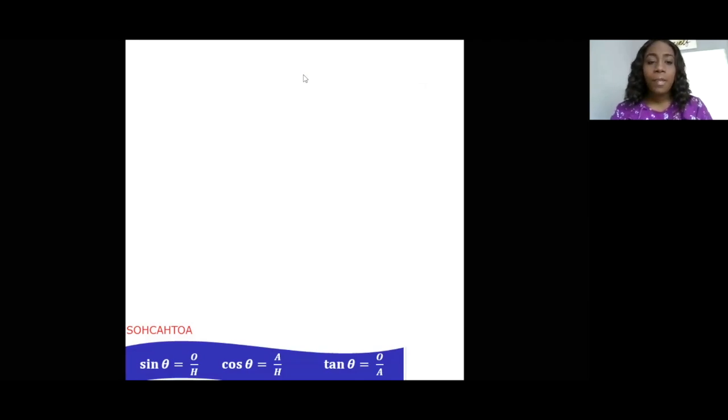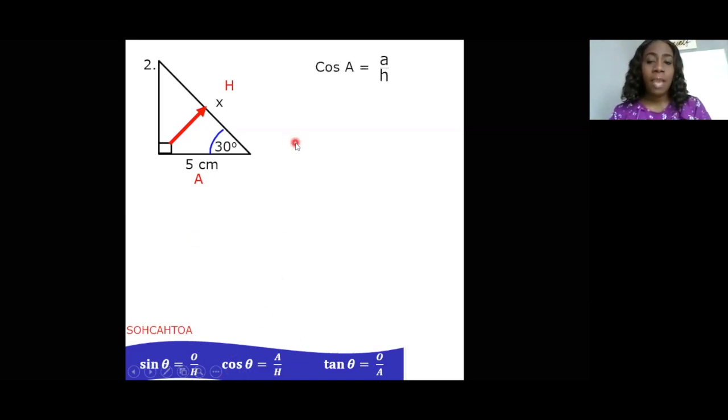So let's look at some more examples. So there's my scenario. Step 1 again, I'm going to label. I recognize that I have A and H, so I'm going to use the ratio that uses A and H, which is cosine. I write it out. Then I substitute, I replace. When I replace, I recognize that X is at the bottom.